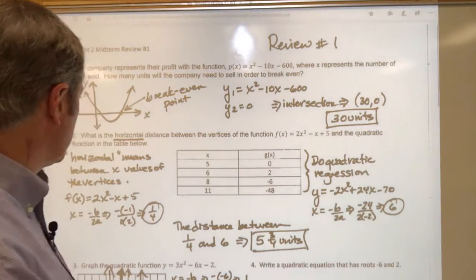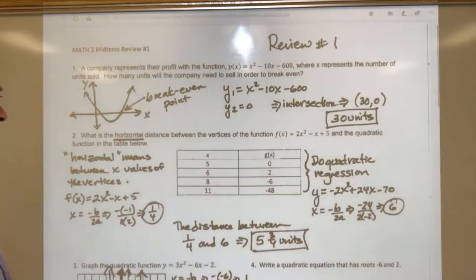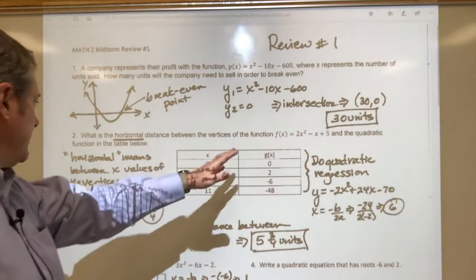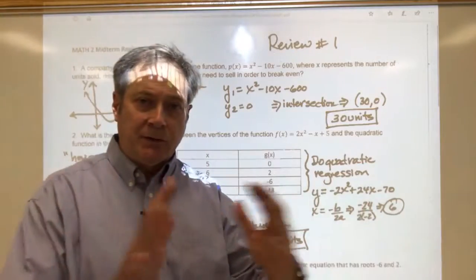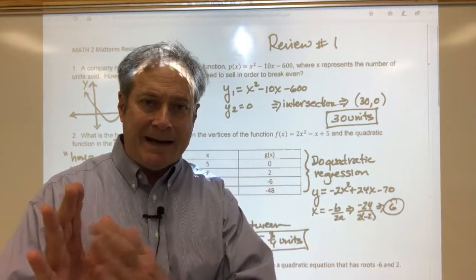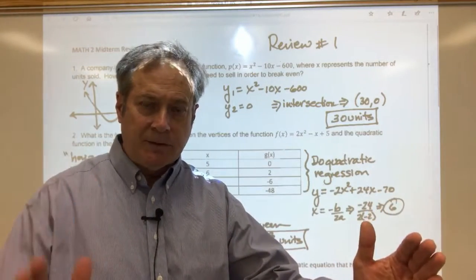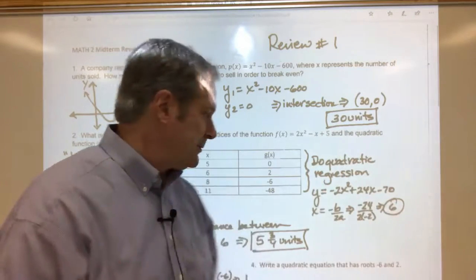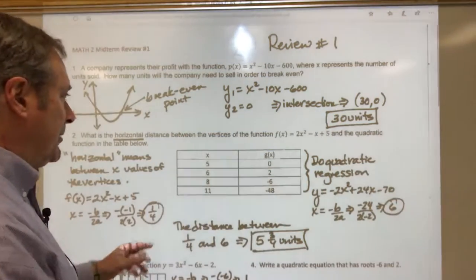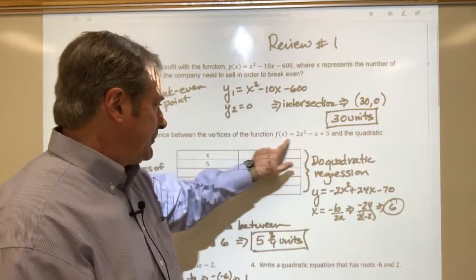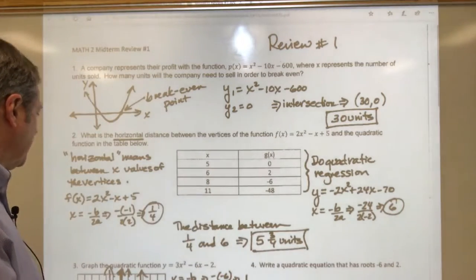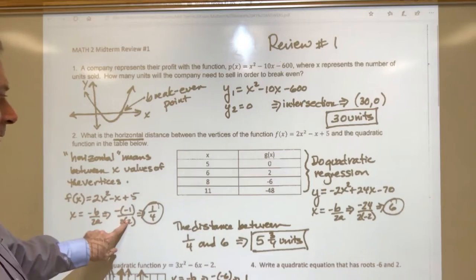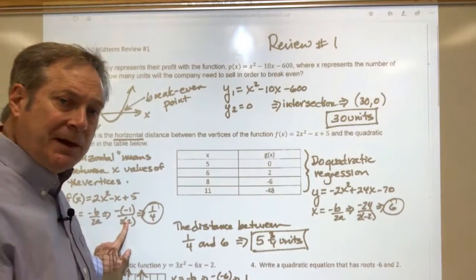times. All right, number 2, the horizontal distance between the functions here. Well, horizontal is this way, so we're talking about x values, from this x value to that x value. Now, you've been given this equation, and so you've got to find the vertex, and frankly, we don't even need to find the y value.